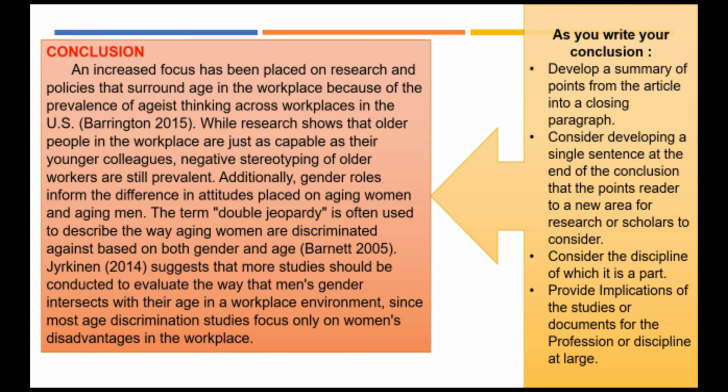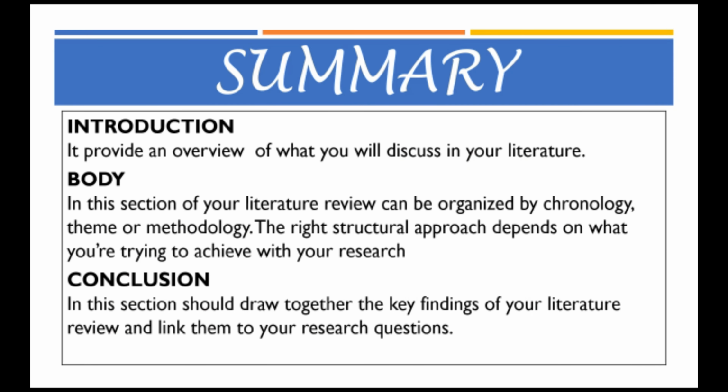This time, let's do the recap or summary. We know that there are three parts of a literature review: introduction, body, and conclusion. First, the introduction provides an overview of what you will discuss in your literature review.